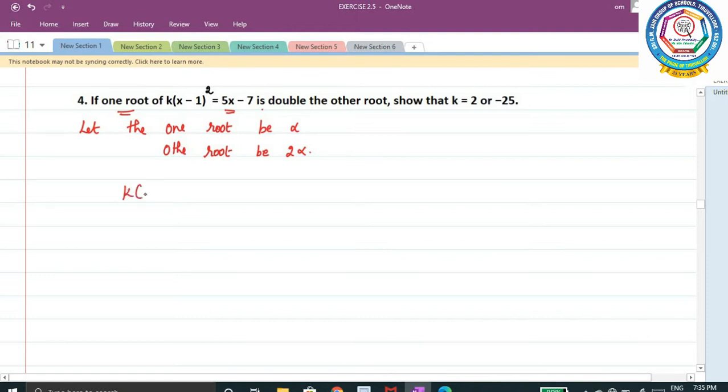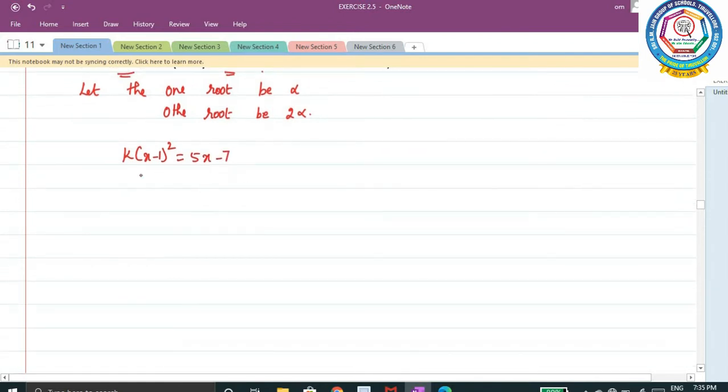What is given here? k into x minus 1 the whole square equal to 5x minus 7. First we have to simplify and make it a quadratic equation. So k into, this is the a minus b the whole square format. We have to expand this one. x square plus 1 minus 2x equal to 5x minus 7.